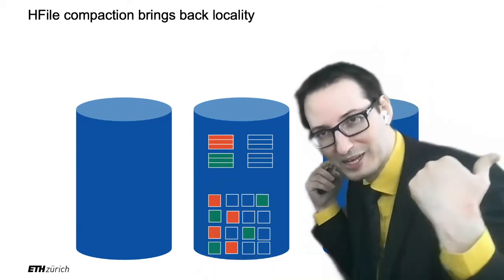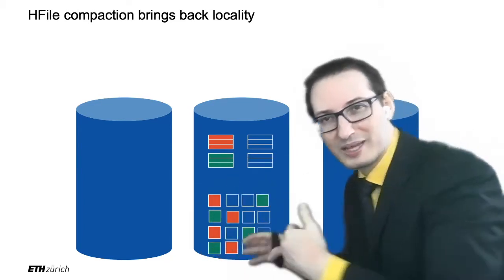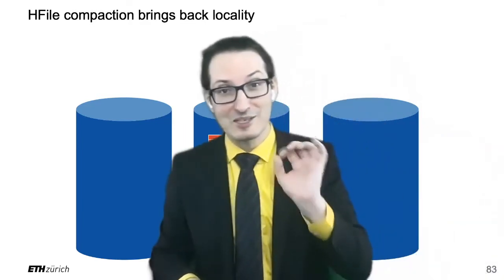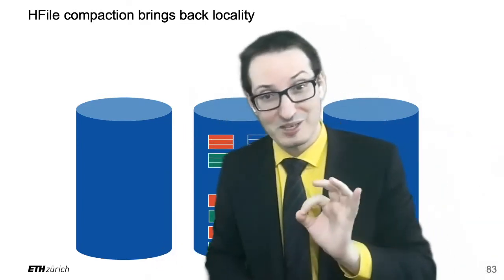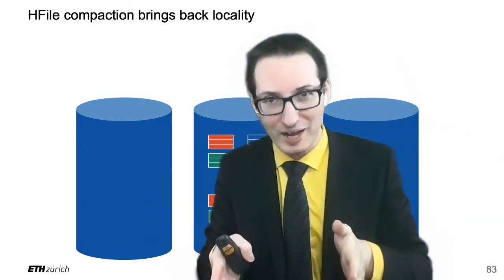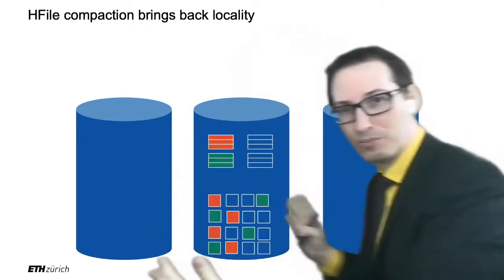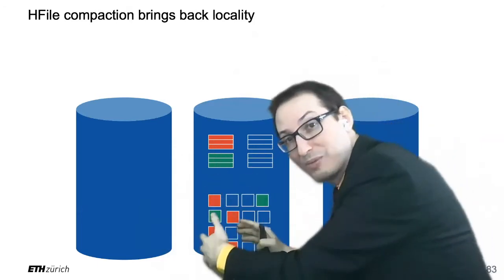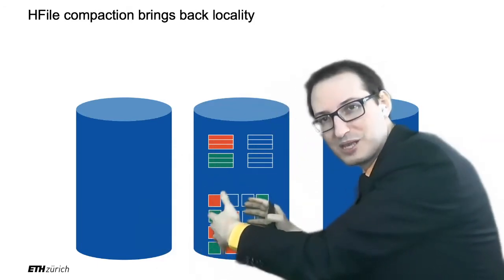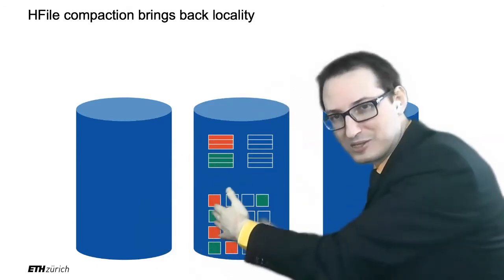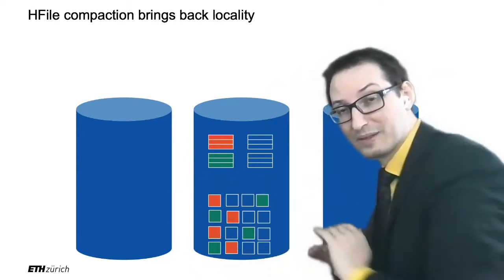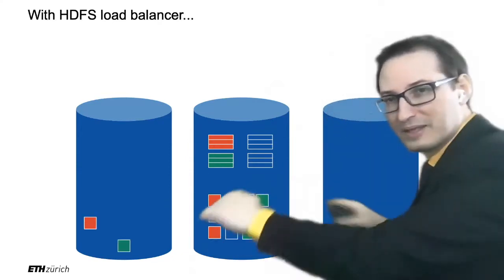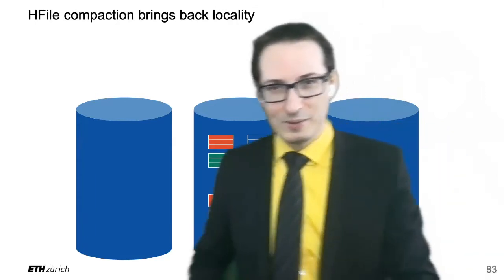Of course, there's a replica somewhere else too, right? So you see that what's a very nicely engineered feature of HDFS and Hbase is that every compaction, every flush brings back the locality. It makes sure that there is a first replica of each blocks on the same machine. And this is why it's so fast, because these are all local reads here most of the time. It's very rare that you actually go there.